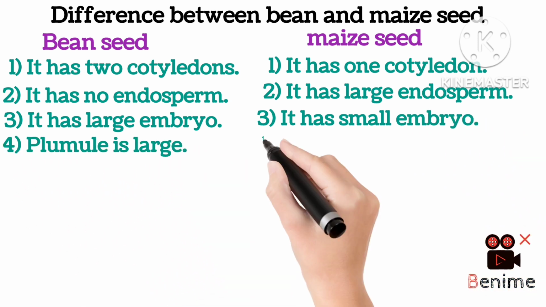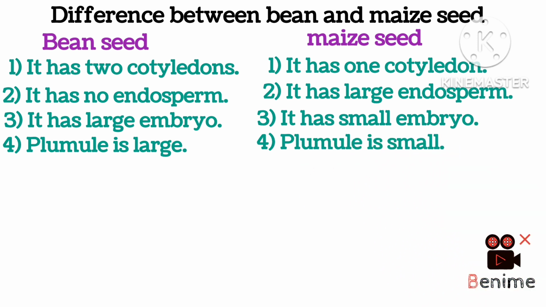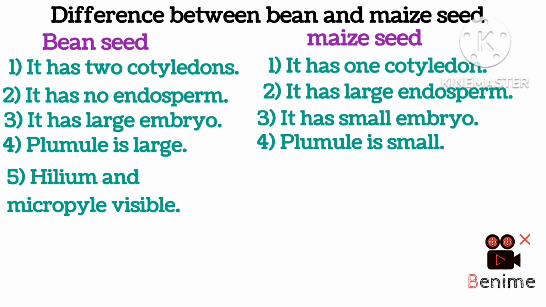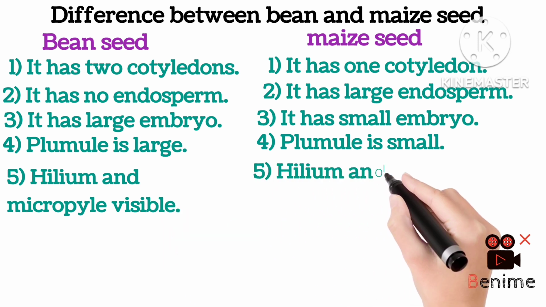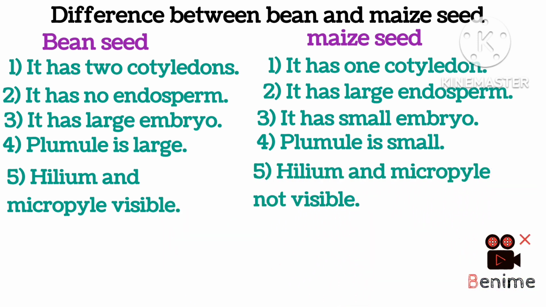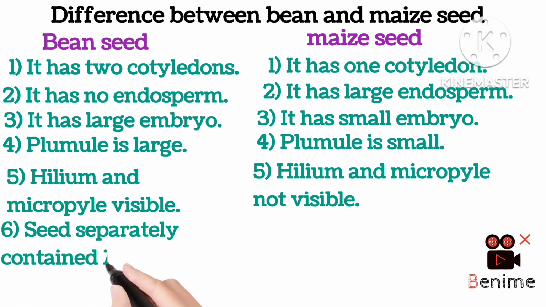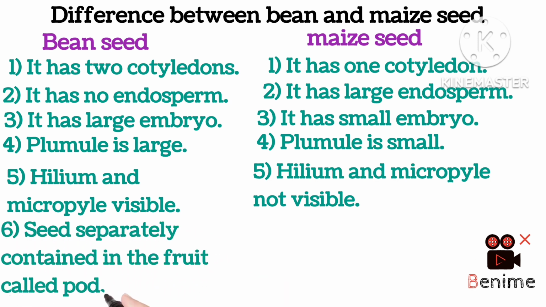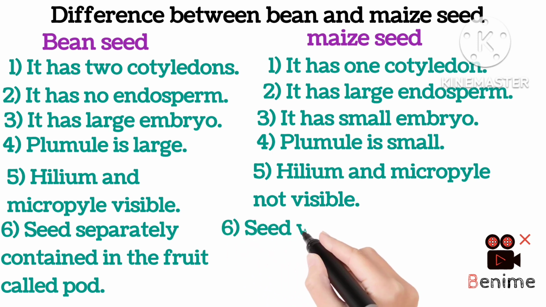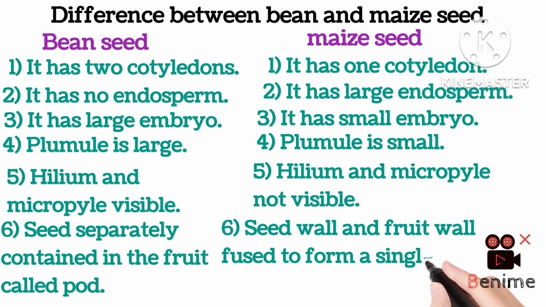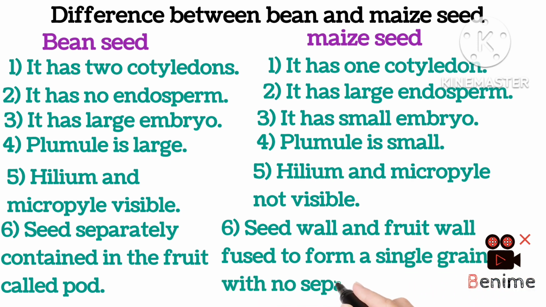In bean seed, plumule is large, in maize seed, plumule is small. In bean seed, hilum and micropyle are visible. In maize seed, they are not visible. In bean, seeds are separately contained in the fruit called pod. In maize, seed wall and fruit wall are fused to form a single grain with no separate seed.